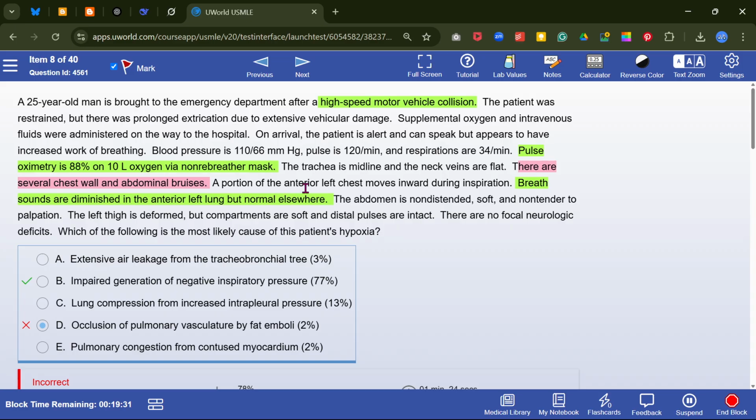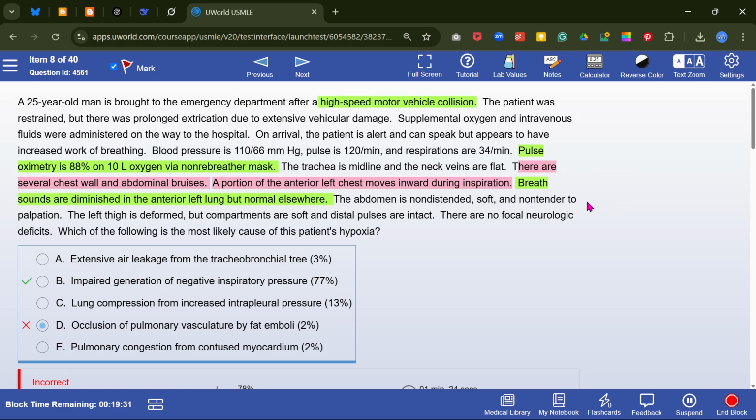A portion of the anterior left chest moves inward during inspiration. This is flail chest.